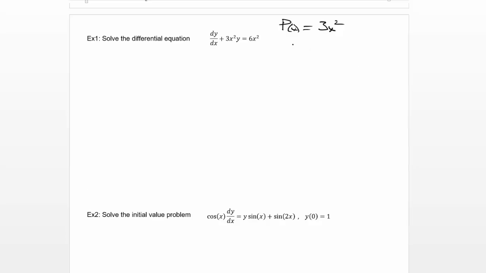So what does this tell us? It tells us that our integrating factor is e to the antiderivative of 3x squared. The antiderivative of 3x squared is x cubed. So the thing I want to multiply this entire equation through by is e to the x cubed.